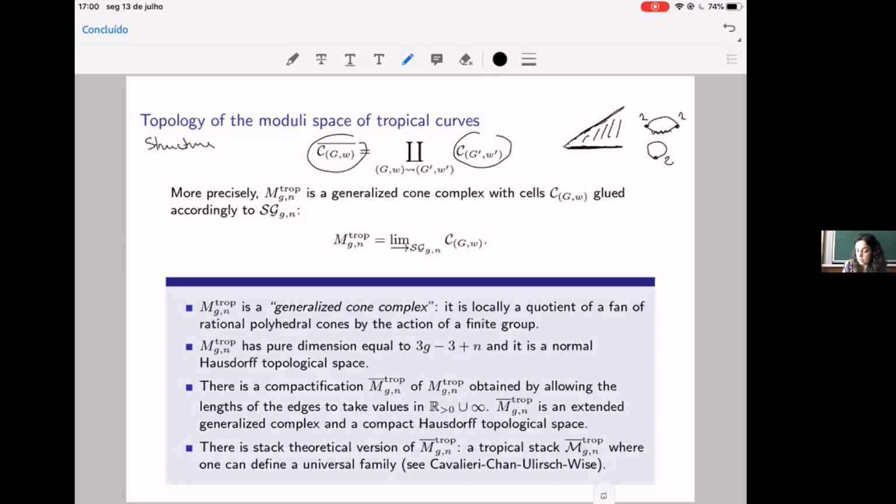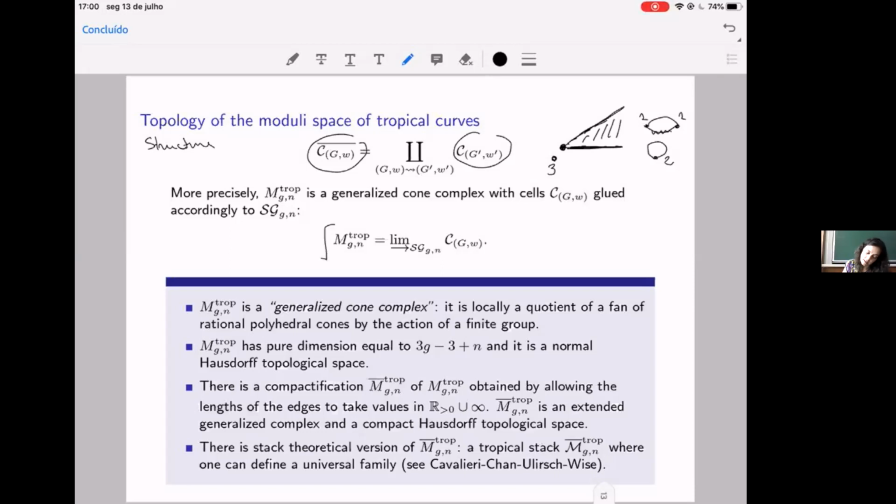And this vertex here would parameterize just the further degeneration where you also contract the loop. So this is the idea, that you construct a moduli space by topologically saying that the way to glue the different cells should describe this degeneration phenomena.